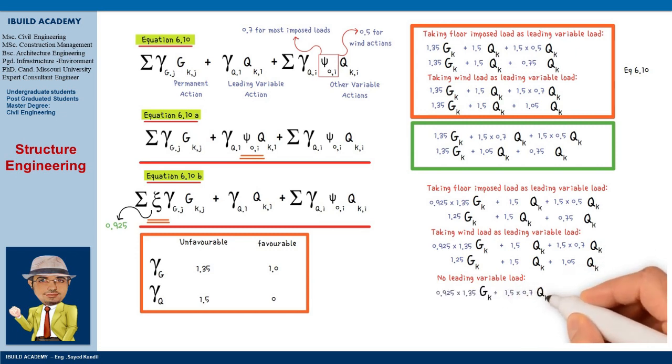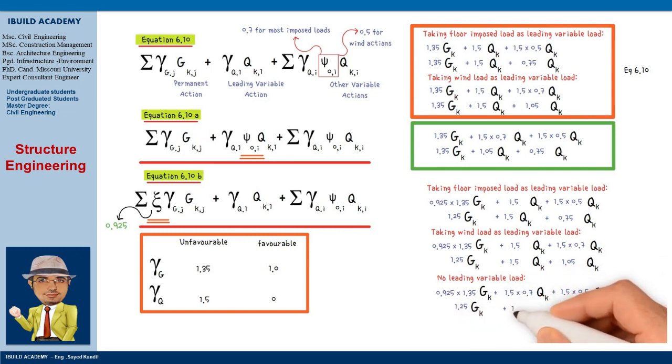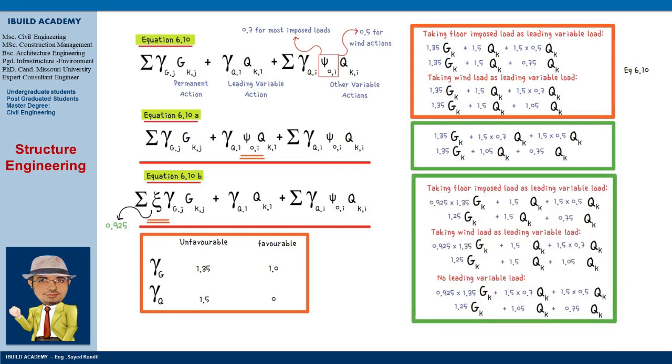So, we multiply both by psi naught factors, and we get 1.25 times the permanent action, plus 1.05 times the imposed load, plus 0.75 times the wind load. Now, you can use either equation 610, or we could use option 2, which takes the least favorable results from equation 610a and 610b.